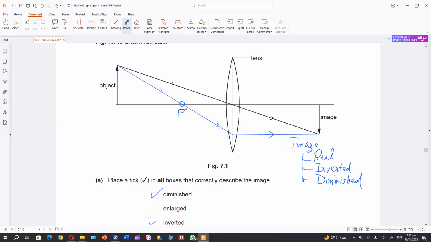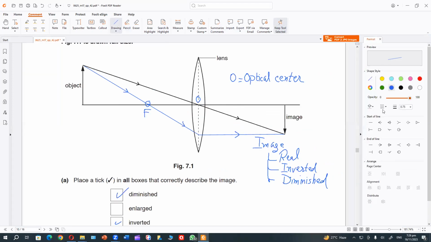He wants to find the focal length. We'll measure it from the optical center till the end of the image. Yes, very good. It is the separation from the optical center to the focus. This is the focal length.